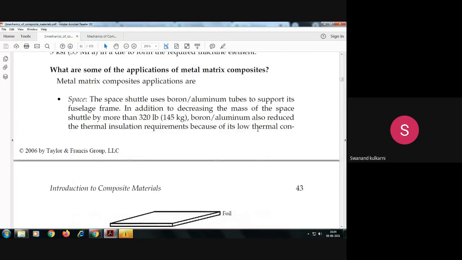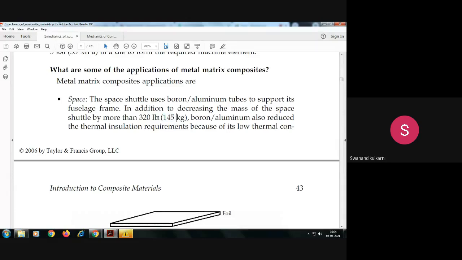So here you can see what advantage was found for using boron aluminum. Previously that was manufactured with the help of metals, but as boron aluminum tubes were used to support the fuselage frames, we got the advantage of reducing the weight by 145 kg.